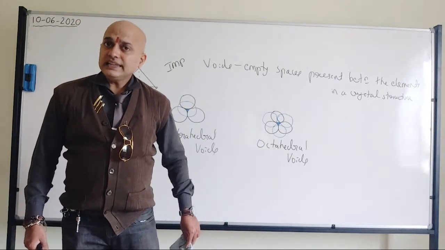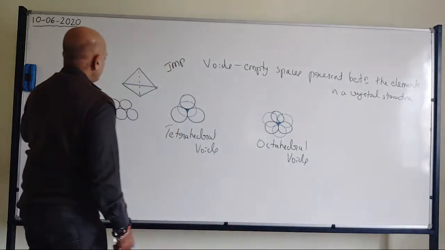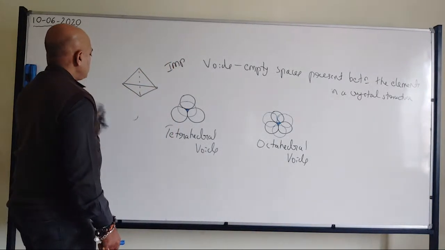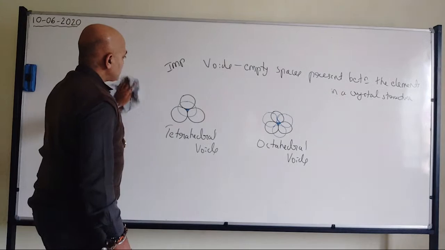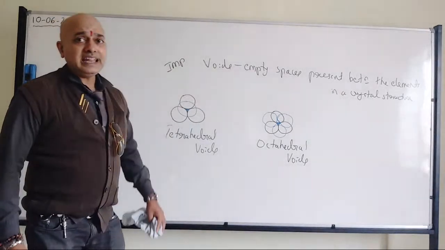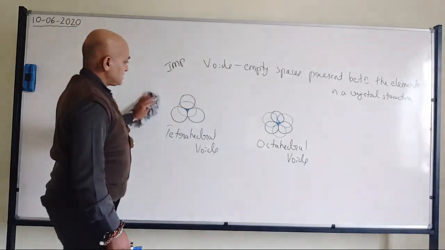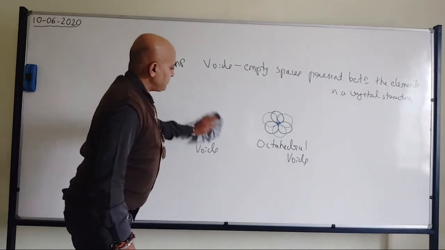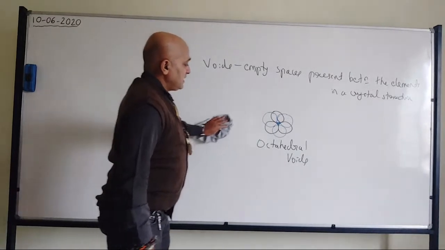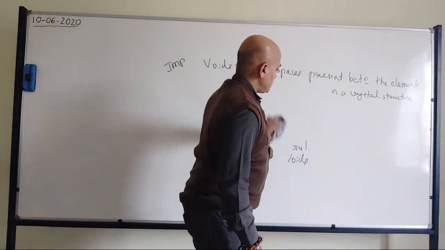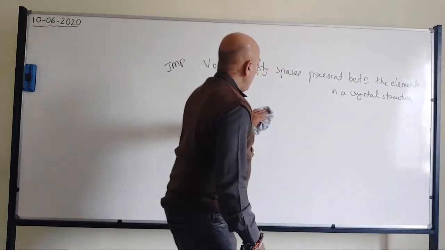Fine. Any doubts? So voids are nothing but empty spaces present between the elements or atoms in a crystal structure. Right? That's where we have the voids. Now we have 2 types of voids, tetrahedral and octahedral.